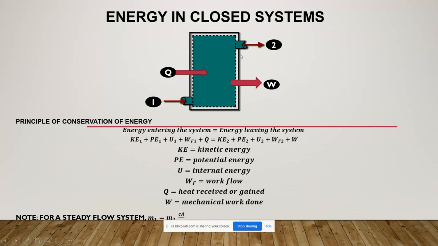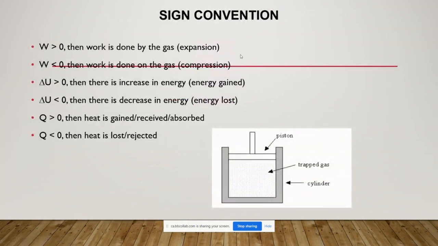Now, for us to be able to answer the questions on the homework, I want us to have a look at this slide, which is sign convention. When you are dealing with thermodynamics problems, you are going to have positive values and negative values. In practice, there's no such thing as negative work done or negative Q. The negative or positive sign simply shows us the direction of the flow.